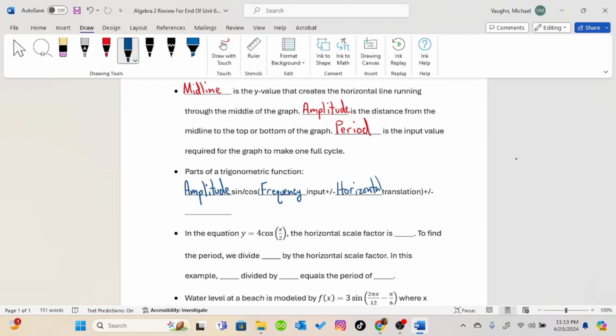And finally, outside of the parentheses, we add or subtract the midline. So if you are asked about any of these terms, this is where you find them in the function.